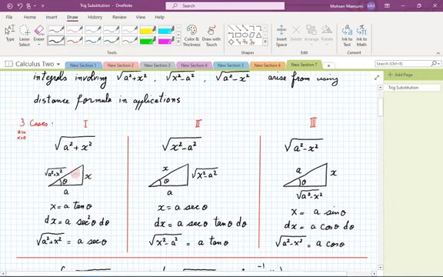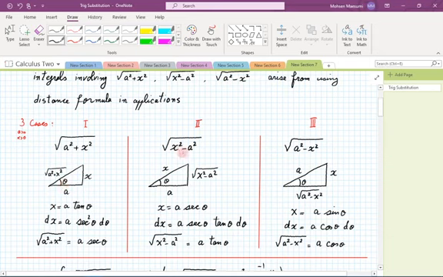In this triangle, opposite is adjacent times tangent of the angle, so I have this substitution. Taking the differential, dx is secant squared theta d theta, because the derivative of tangent is secant squared. This expression is the same as the hypotenuse, and we can write it as a times the secant of the angle.